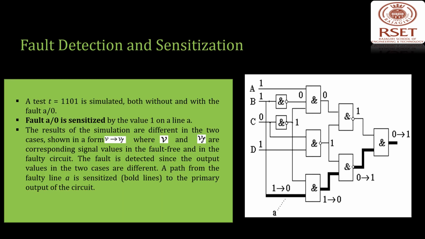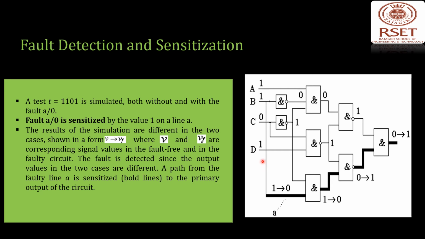Now let's discuss fault detection and sensitization with the help of a diagram. As you can see in the figure, this figure denotes a circuit, and A is a line which is sensitized with a fault A stuck-at 0. Now we are inputting a test vector 1 1 0 1, and that is simulated into this particular circuit.